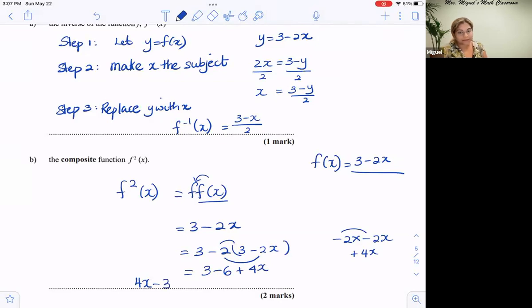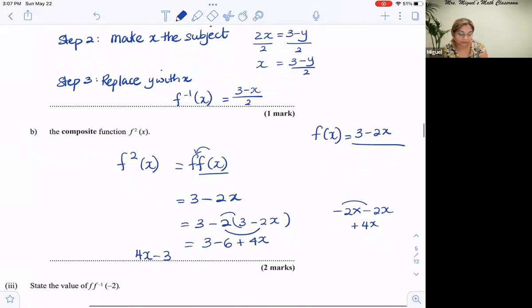Did you all get that answer? 4x minus 3. Did anybody get this? Or were you still working?